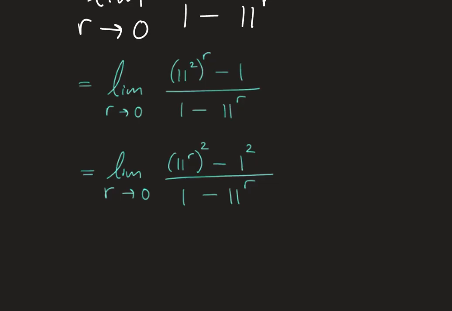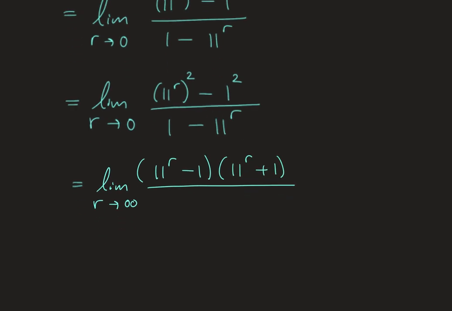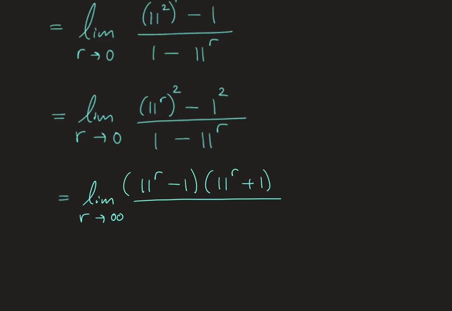And you might be like, why are you writing it like that? And hopefully you understand that that is because this numerator is a nice difference of squares. We have the limit as r approaches infinity of (11^r − 1) times (11^r + 1), all divided by 1 minus 11 to the power of r.